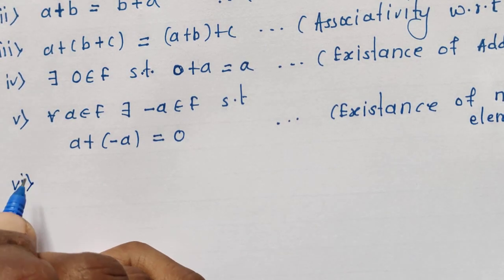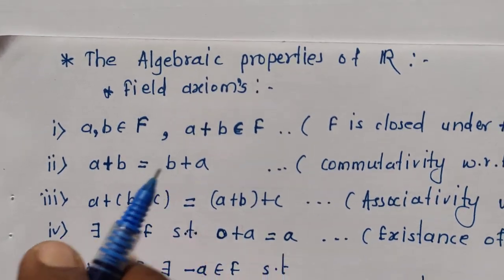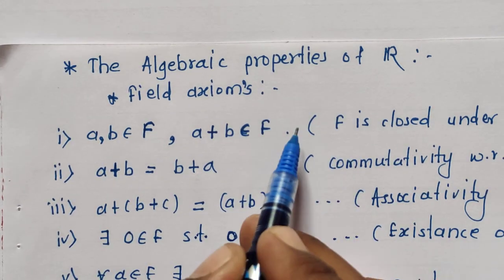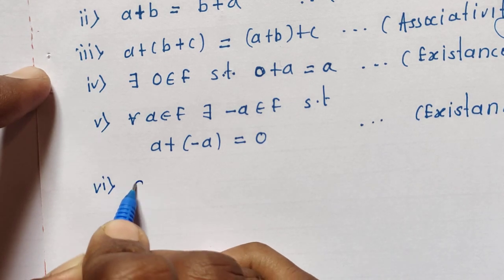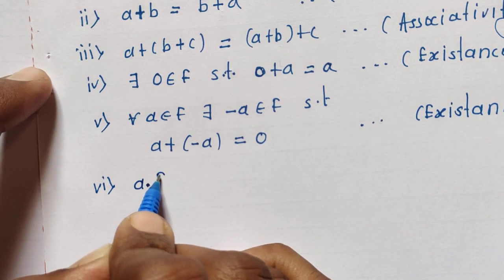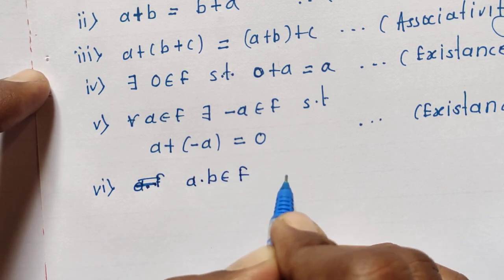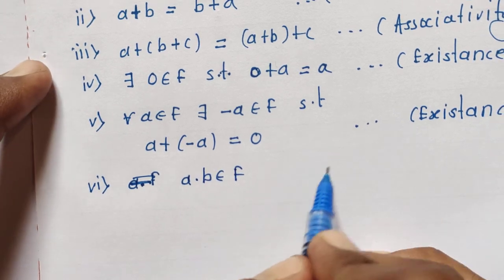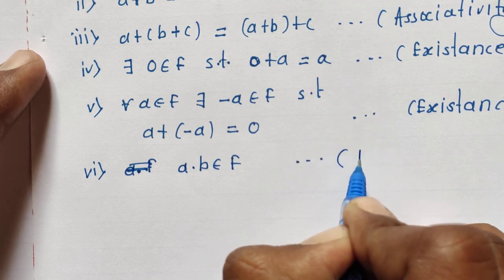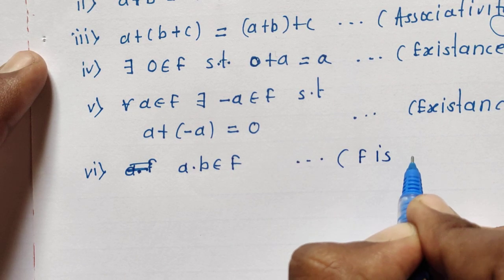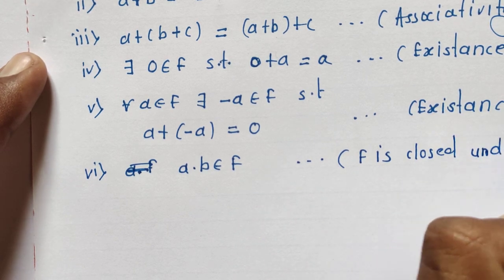Now the sixth one. The first property was closure with respect to addition. A similar property we will see with multiplication: for any A, B belonging to F, A into B belongs to F. So the multiplication of these two numbers is again in F. This property is called closure with respect to multiplication, or this set F is closed under multiplication.